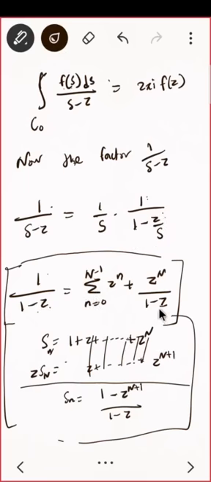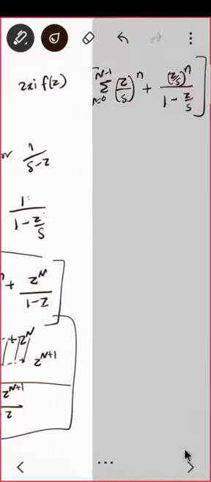Okay, so now I have to multiply s inside.